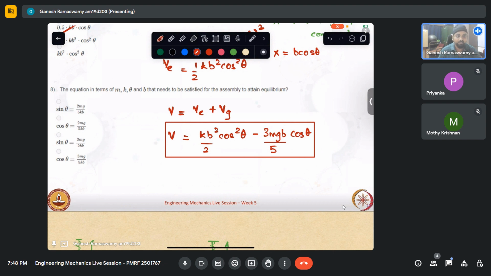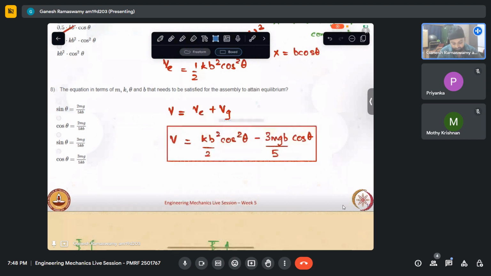Now once we have derived this, it is easy to see what to do for it to satisfy equilibrium. We saw that for it to attain equilibrium, what is the condition? Change in the total potential energy has to go to 0. So we just need to differentiate this and equate it to 0. So let us do that.